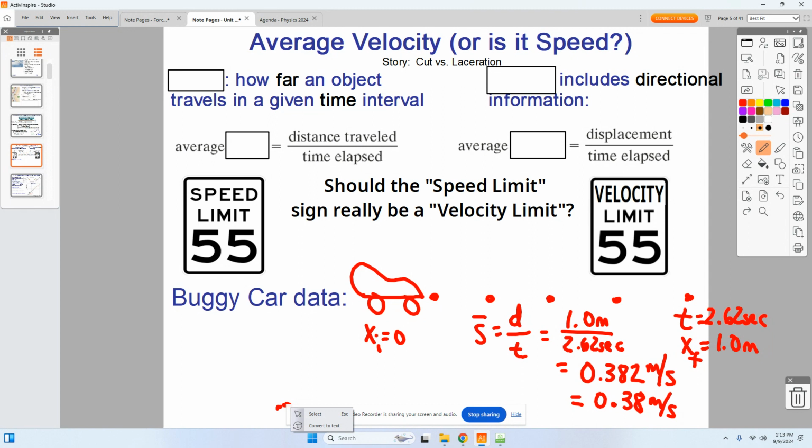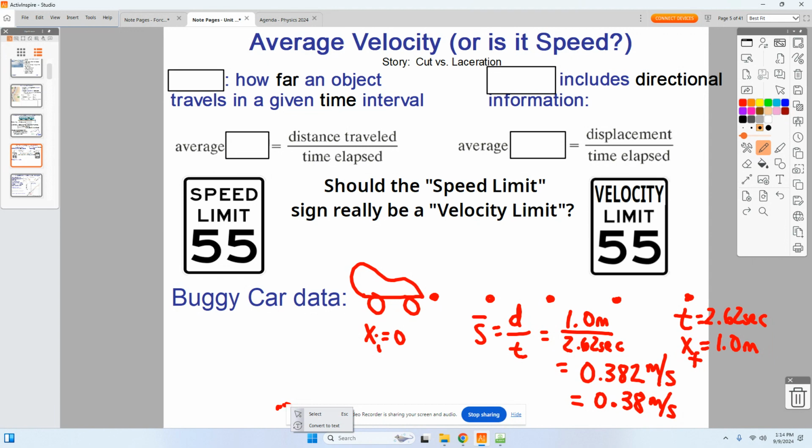Okay, now that doesn't mean it's a constant speed. That's an average speed. I had you guys test this thing over multiple intervals to determine that it truly is a constant speed.